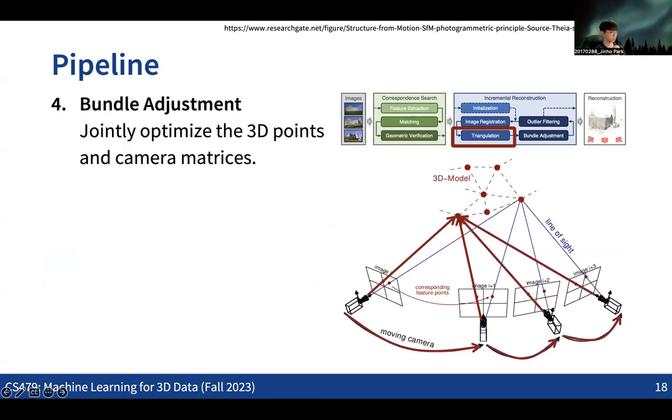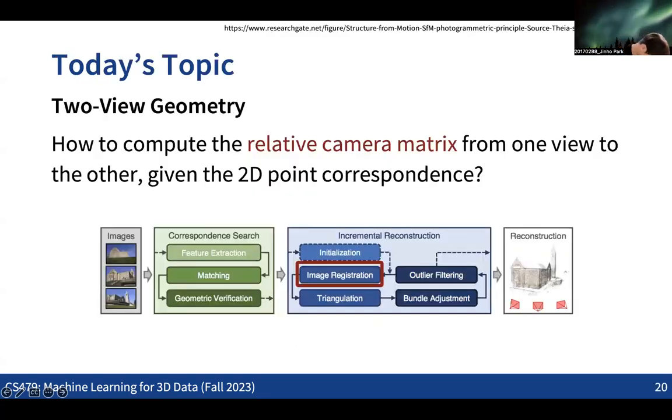And this is a very complicated optimization problem where we are jointly optimizing the 3D points and the camera matrices, so we won't be able to discuss details of this. But what we are going to briefly discuss today is the idea of how we compute the relative camera matrix from one view to the other, given the 2D point correspondences. Any questions before we move on?